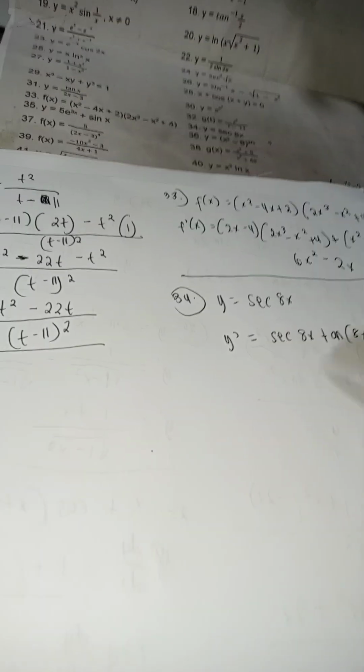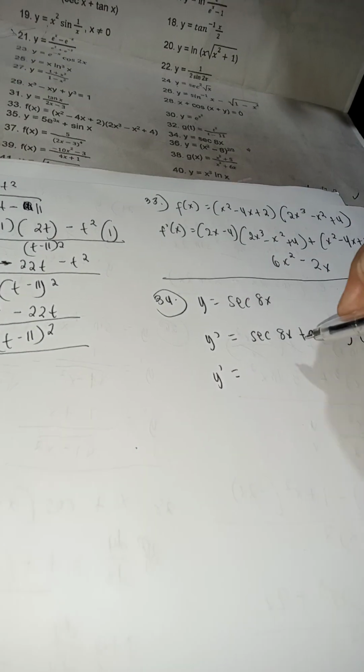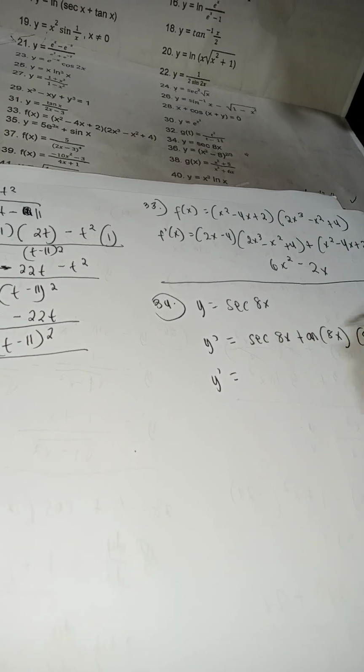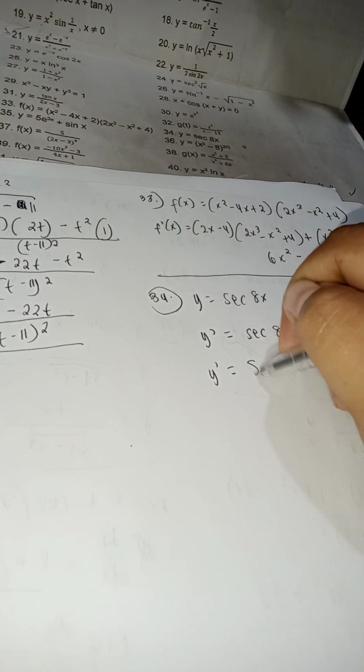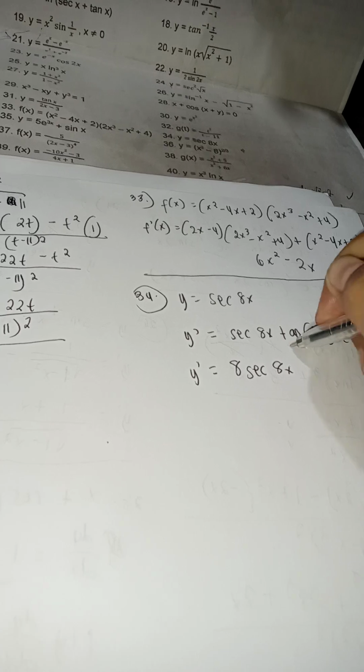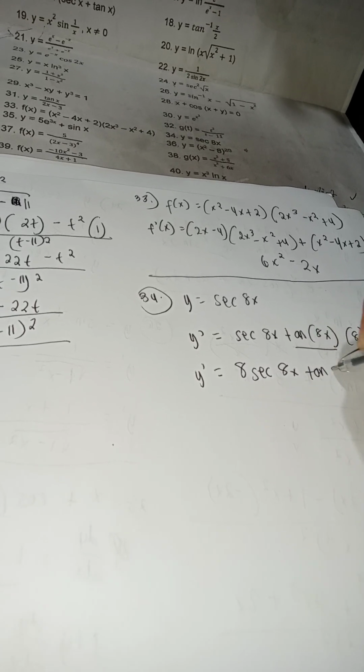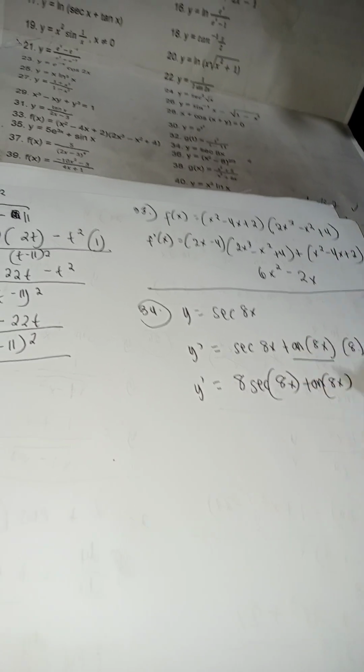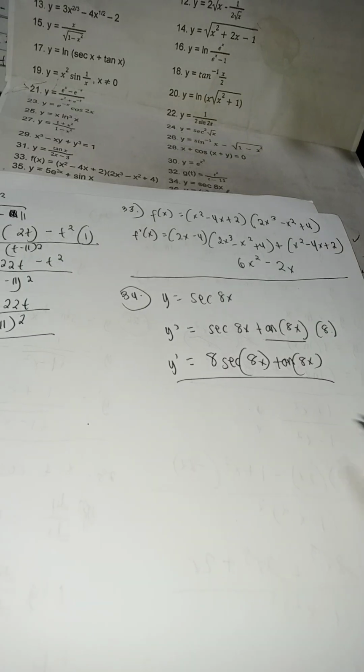Okay, so y prime is equal to, multiply this, put this 8 in the front, 8 secant 8x, copy, tan 8x. Okay, so this is our final answer for number 34.